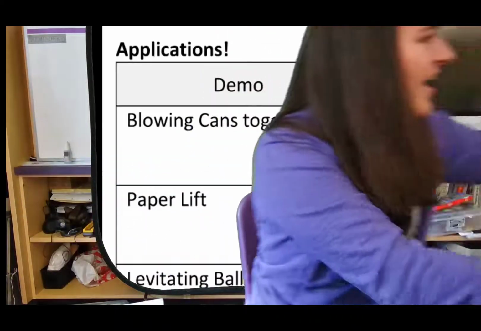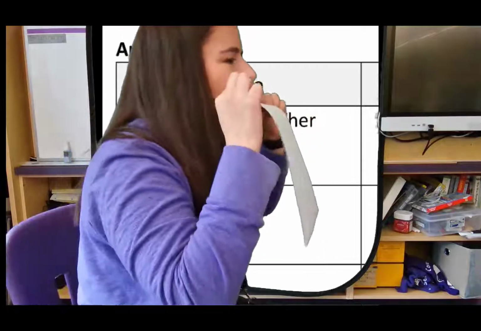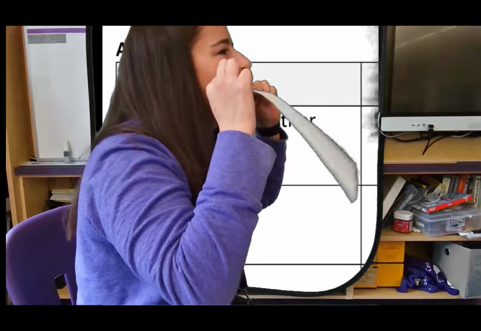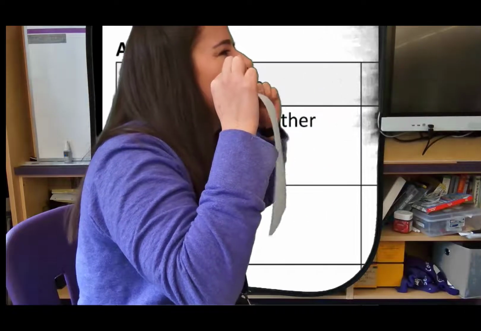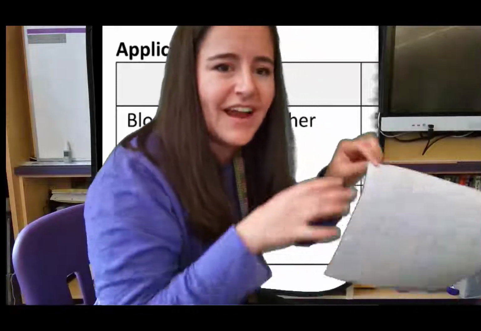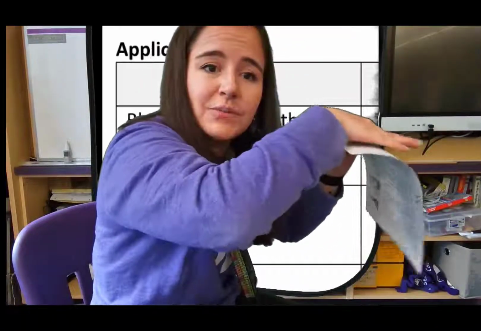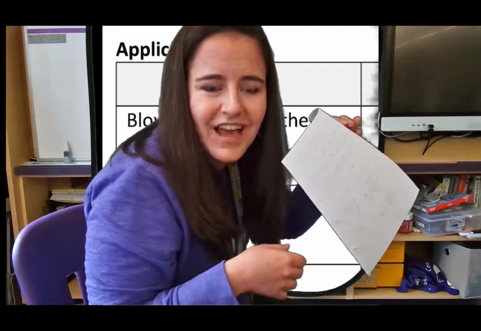Now, can you use that principle to explain what's going to happen when I blow over this piece of paper? Very similar idea. The faster moving air on top lifts the paper.